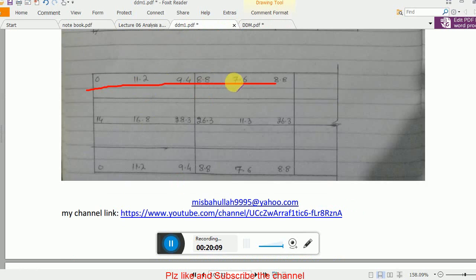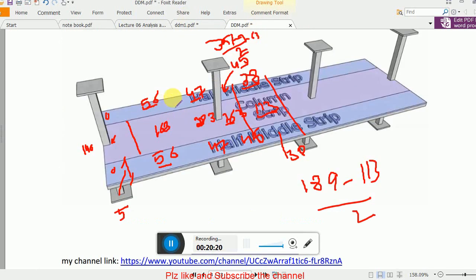11.2, 9.4, 8.8. All the values you got in the second step, you just divide them by 5. Let me check: 56 divided by 5, what value do I get?